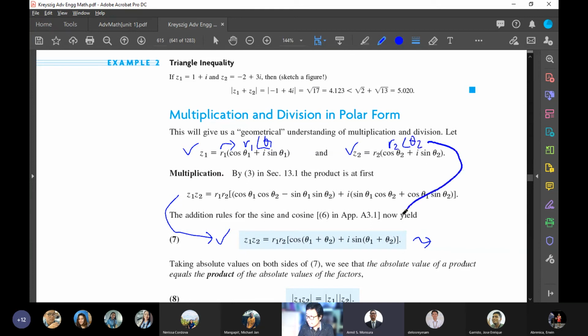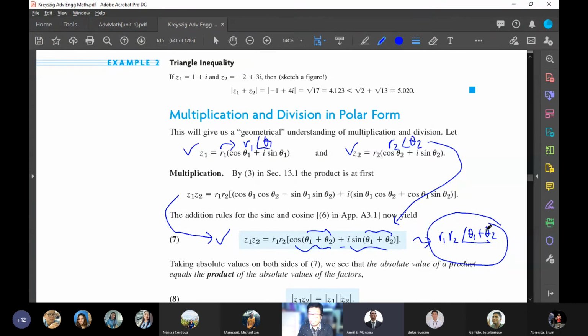Kung titingnan nyo mabuti ito, yung product nila in terms of the polar form, you can actually write this as R1 R2 bar angle theta 1 plus theta 2. Kasi cosine at sine yan. Kaya lang, ang arguments nila is theta 1 plus theta 2. So, that is why we can write this notation in terms of this one.